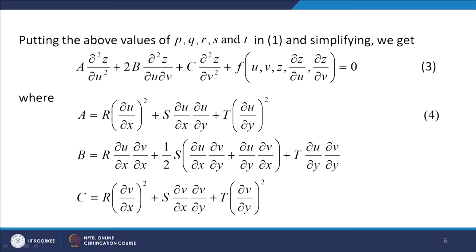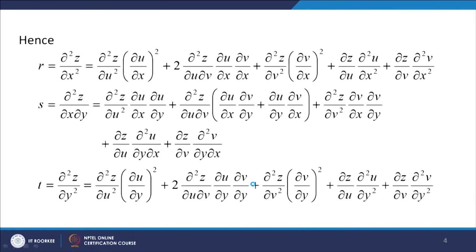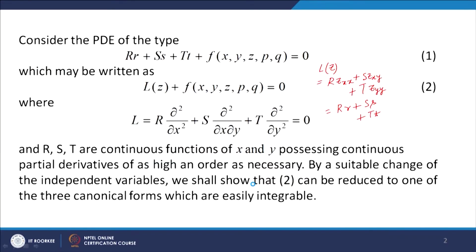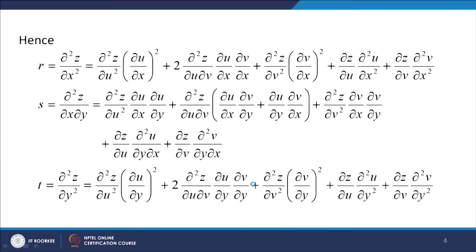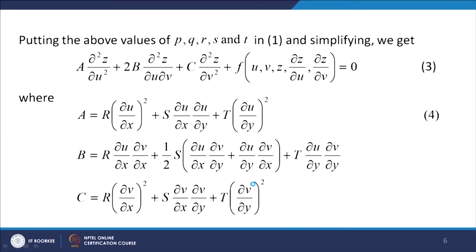C is equal to r times v_x square plus s times v_x v_y plus t times v_y whole square, and f(u, v, z, z_u, z_v) is the transformed form of this f(x, y, z, p, q) equal to 0. So, this is the transformed form of that.